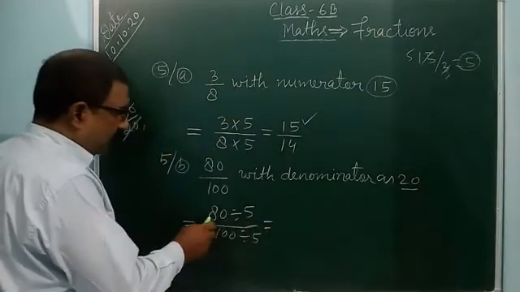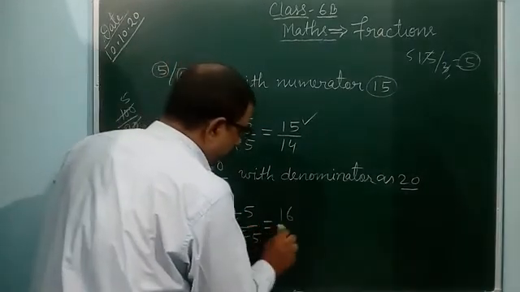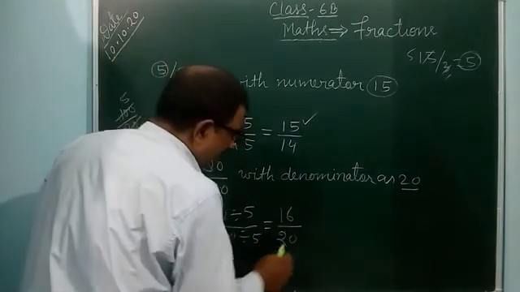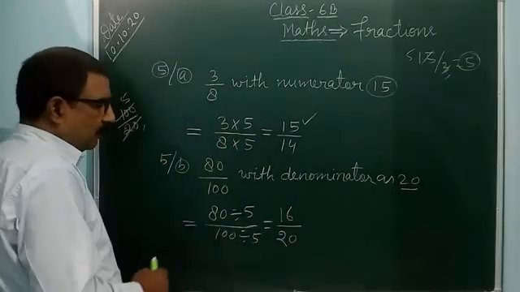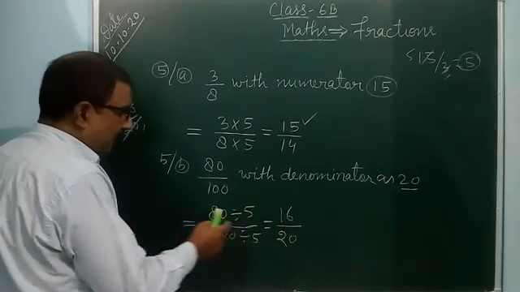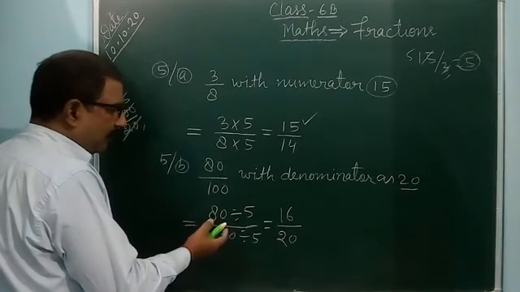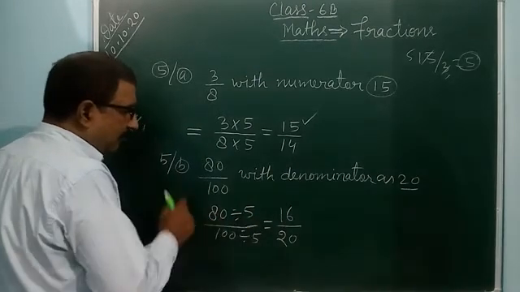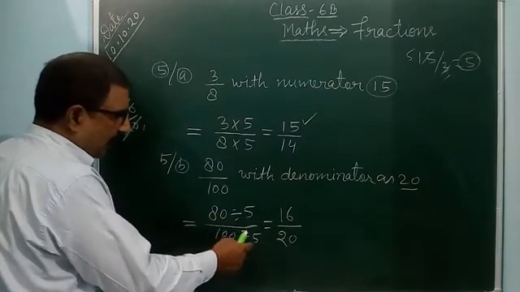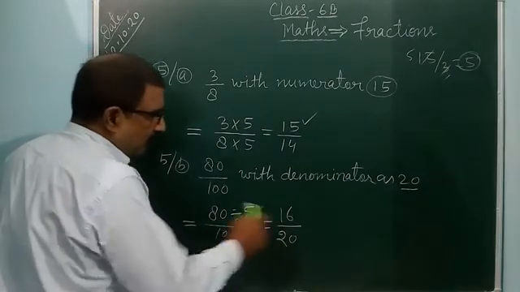So 5 16s are 80, and 5 20s are 100. If you divide 80 by 5 you get 16, and if you divide 100 by 5 you get 20.